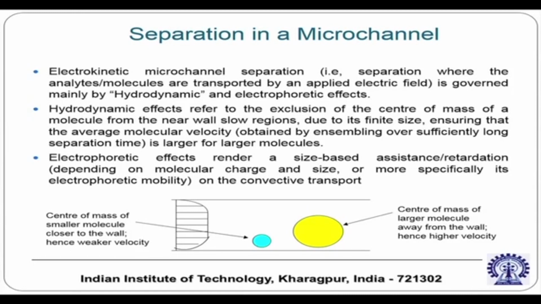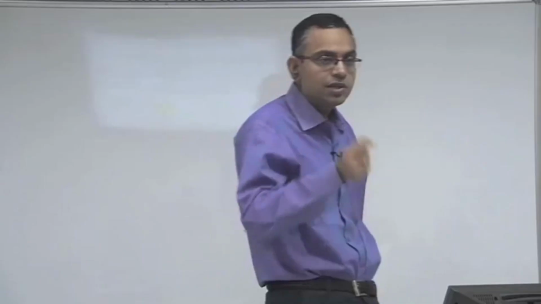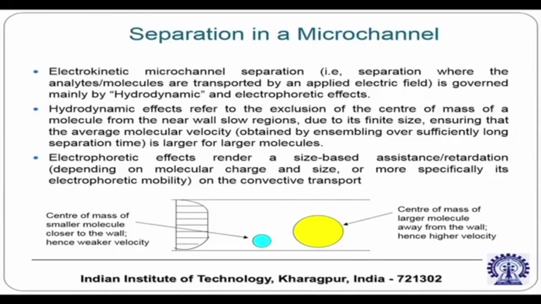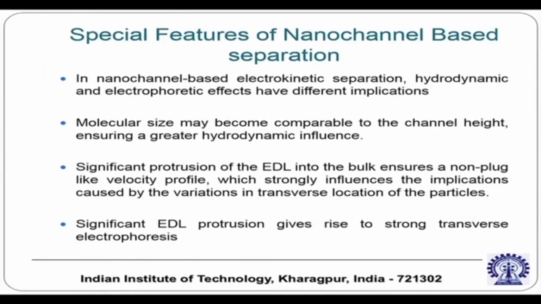You can remember that because of the presence of a nearby particle there is a perturbation in the flow field, and that perturbation will disturb the Poiseuille flow if it is a pressure driven flow, or it will disturb the Helmholtz-Smoluchowski type of velocity if it is an electroosmotic flow, or in addition you have electrophoretic effects, and electrophoretic effects will act on the particle.